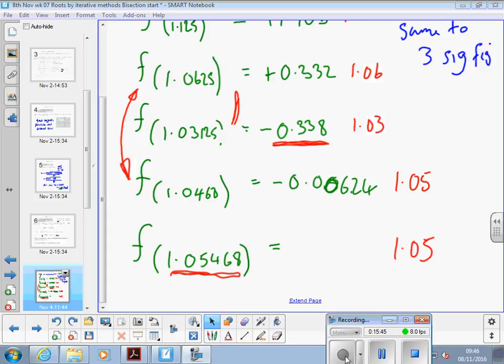Therefore, because those two values to three significant figures are the same, we can stop because we've got the answer to the number of significant figures or decimal places that we're looking for.